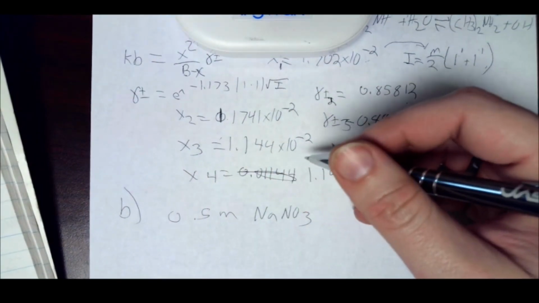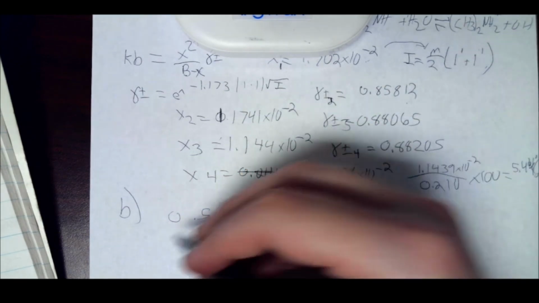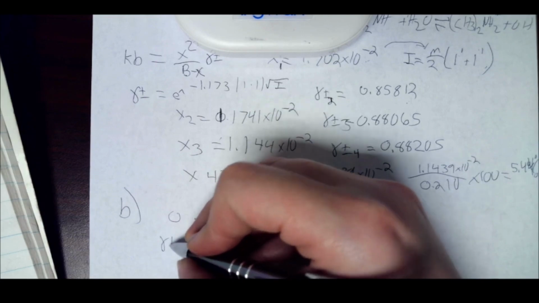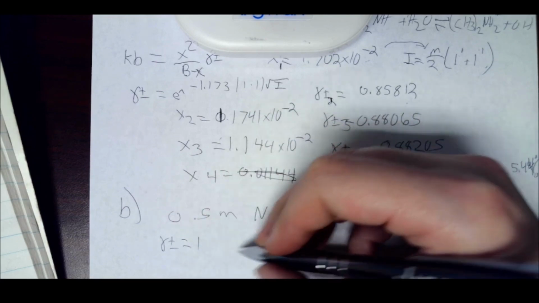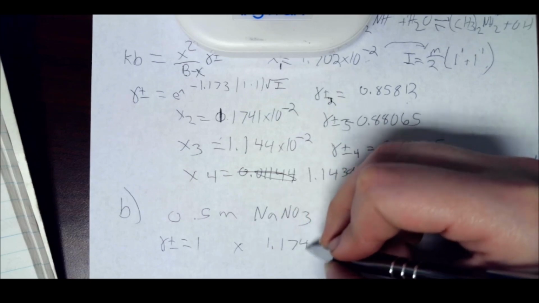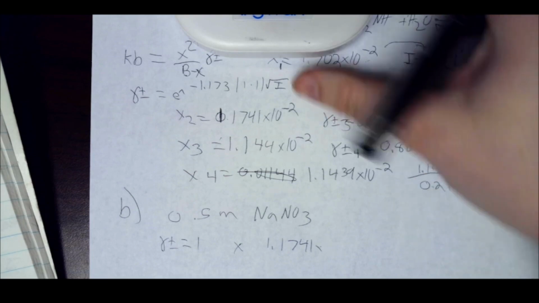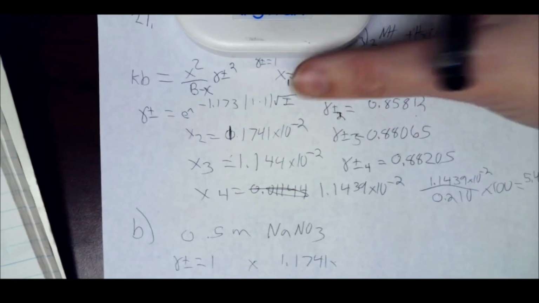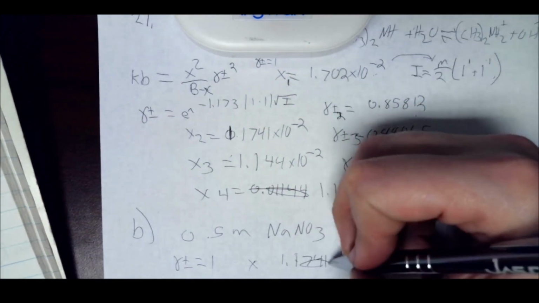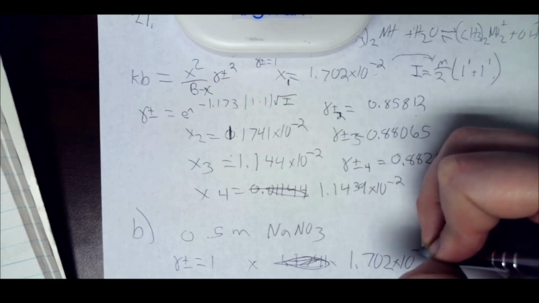The big change is when we go to I. So the first gamma plus or minus, where we say it's 1 and x is 0.702 times 10 to the negative second.